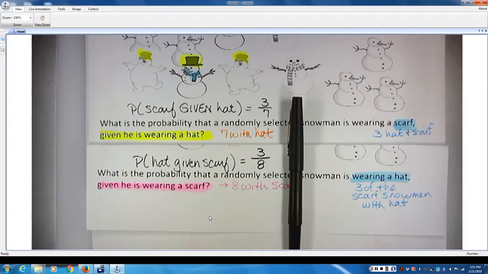In both cases, we were talking about the same three snowmen, the ones that had a hat and scarf both, but we were only counting in the first one out of the ones that had scarves, and in the second one, we were only counting out of the ones that had hats. So just be careful of the wording. If there's anything that will trip you up, it's if you're not a careful reader. You need to be a very careful reader in probability. Okay?